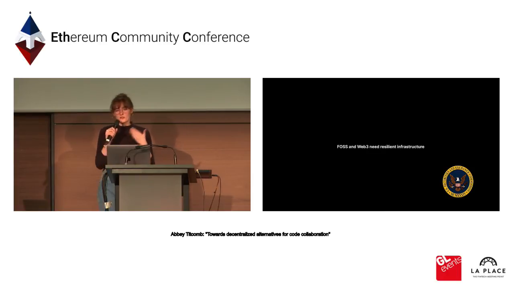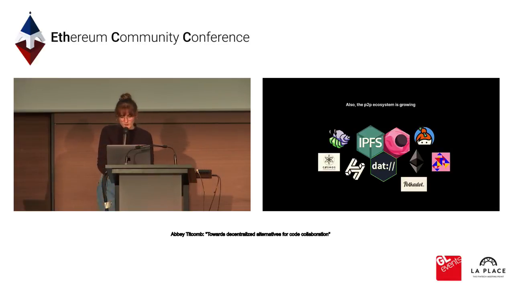If corporations, if institutions, if governments want to take control, how do we keep them from doing that, right? And so we need resilient peer-to-peer infrastructure to secure and to ensure the health and the resilience of the free and open source ecosystem, but also the Web3 ecosystem.